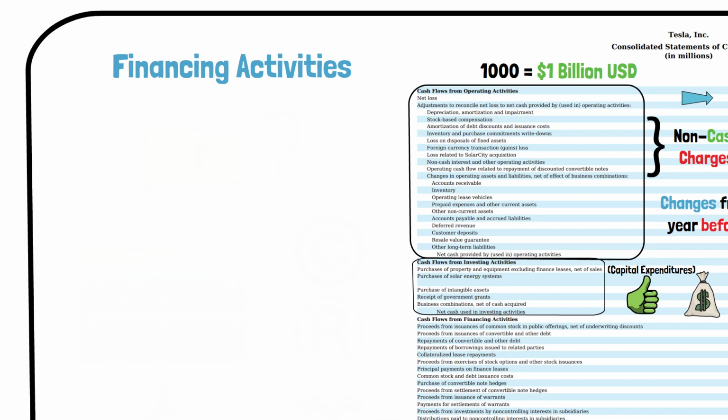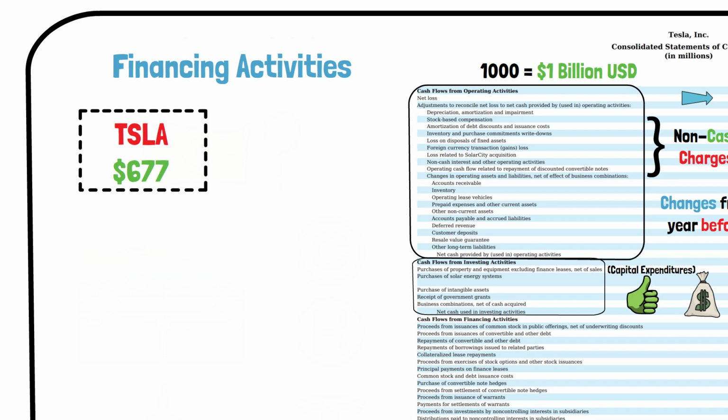The financing section shows how much cash was received from issuing new stock or taking on more debt. It will also show how much cash Tesla spent on buying back stock from the stock market or paying down existing debt.